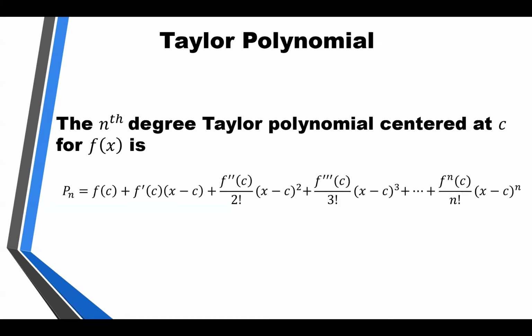And I can get the polynomial by taking my function evaluated at the center, and then all of the derivatives, kth derivative evaluated at c divided by k factorial times x minus c to the k power, all the way from 1 up to n, whatever degree I want.